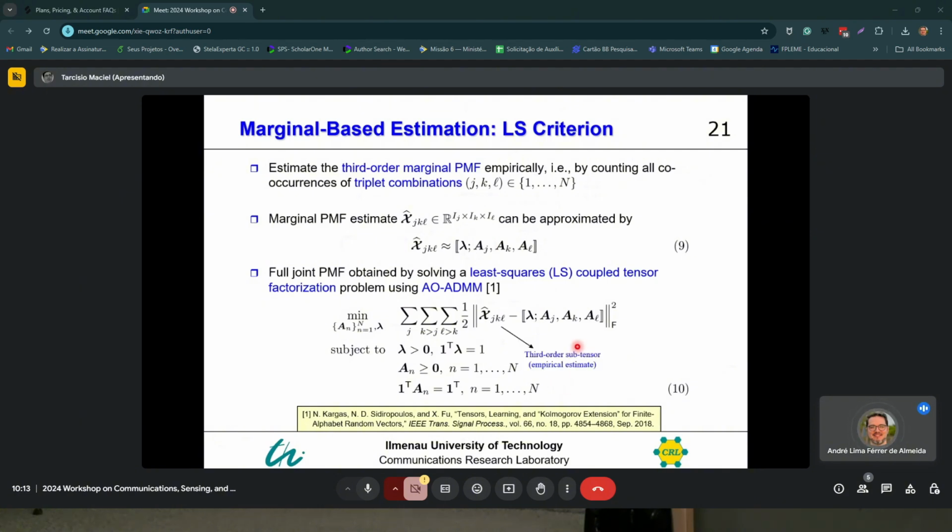So this would be the third order subtensor, our empirical estimates of these third order marginals, and they're actually fit to the corresponding parts of the n-dimensional CPD in the least square sense, right? And this is the third order CPD to fit the empirical estimates. And this is, of course, the cost function, the Frobenius norm squared of the difference. So it's a least squares cost function subject to our probability simplex constraints.